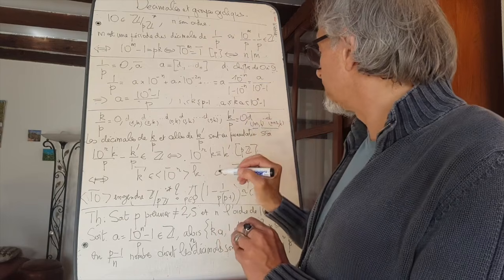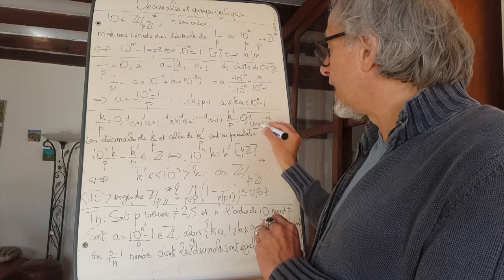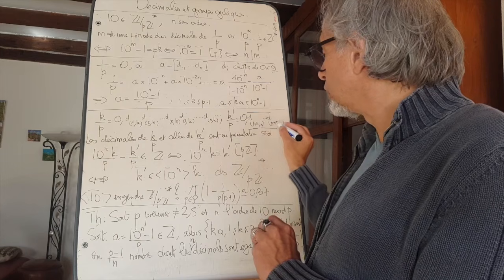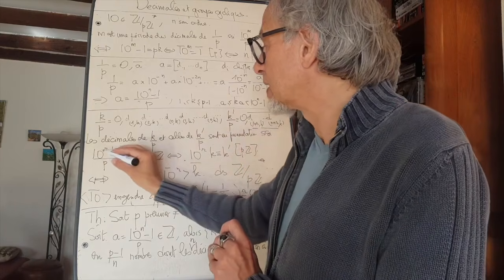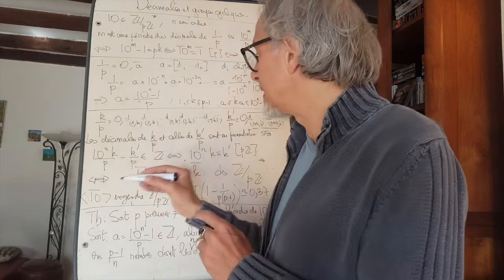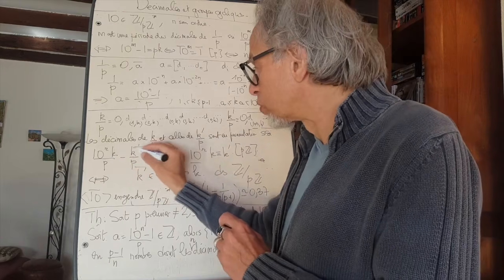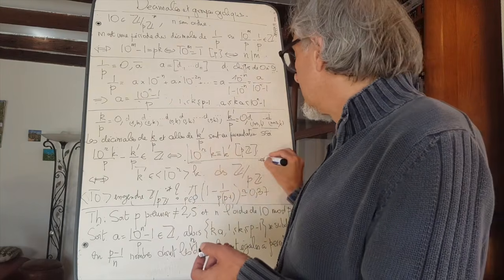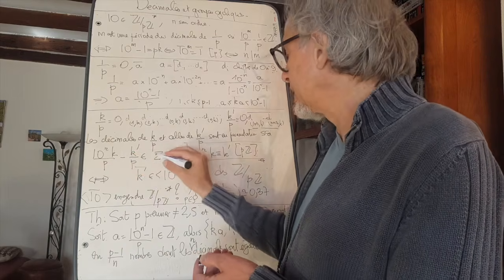So here, k'/p, I write it like this. This index here is cyclical modulo n. So when are they in permutation? Well, if when we do 10^r·k/p, we find at the decimal level exactly the decimals of k'/p. So, if and only if, when we subtract, we have an element of Z. That is to say, if and only if 10^r·k - k' belongs to pZ.